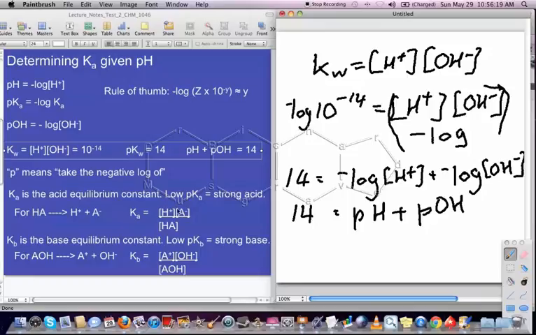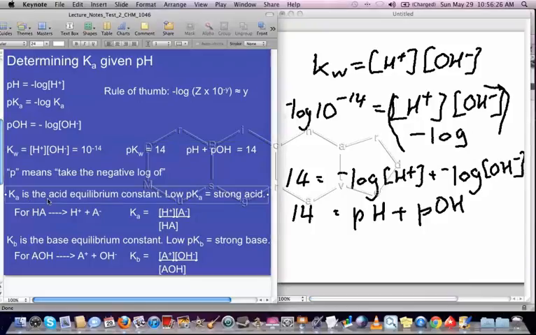What we'll be looking at is the Ka and the Kb. And Ka is defined as being the equilibrium constant for an acid. And we don't include water in the Ka expression. And it's just the concentration of the products over the concentration of reactants. So it's HA gives H plus and A minus.